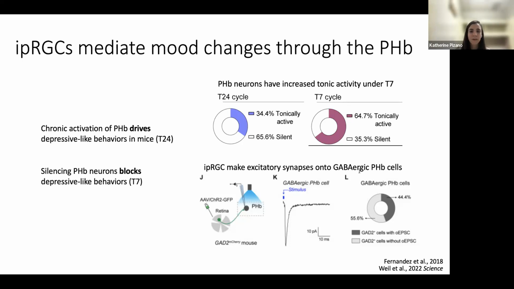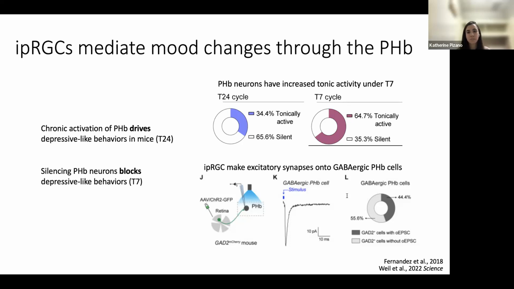However, the mechanisms by which ipRGC innervation can lead to the activation and regulation of these neurons is still in its early stages, but previous work from the lab and from our collaborators has shown that constant activation of these PHb neurons can lead to depressive-like symptoms under normal light conditions. So that's this T24 cycle of 12 hours lights on versus 12 hours lights off.